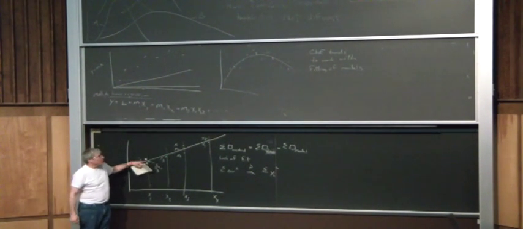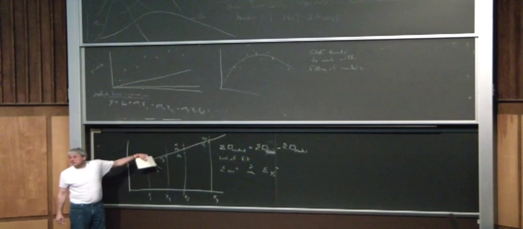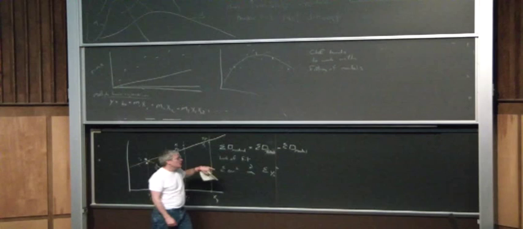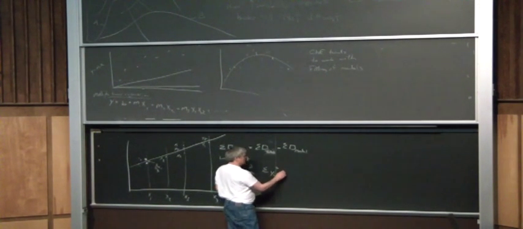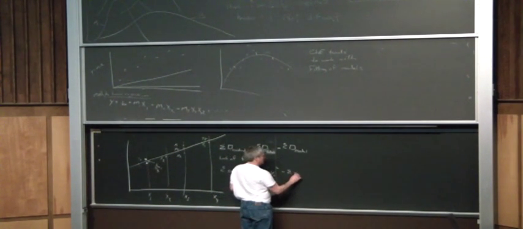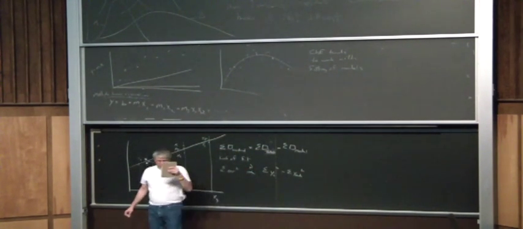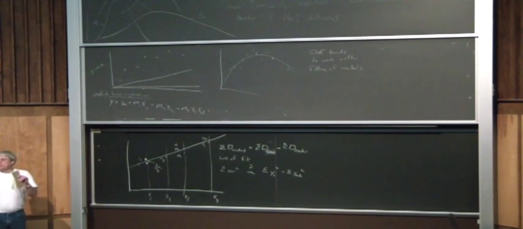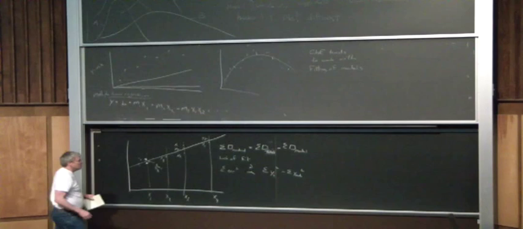I take that value and square it, and I square it twice because there are 2 observations at that one. I square it once there, 3 times there, 2 times there, and add those all up. So that's minus the summation of the y model squared.